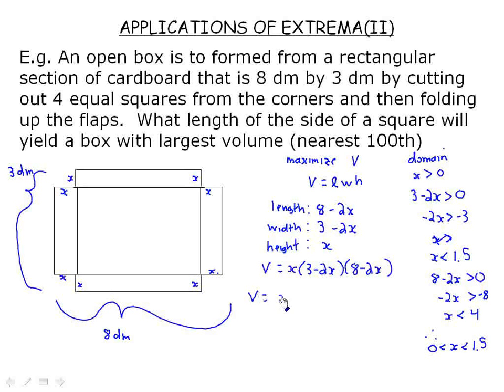Now if you clean up this expression by FOILing it, you'll get 24 minus 6x minus 16x, so minus 22x, plus 4x squared. And then distribute the x in.